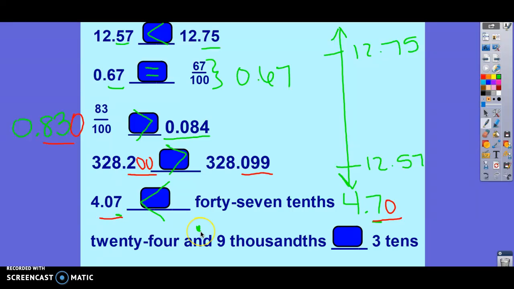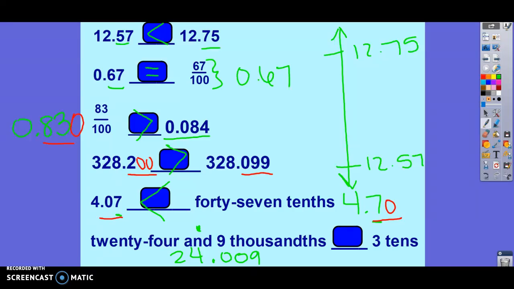24 and 9 thousandths. I put a decimal above my 'and', so I know how to write this in standard form. So 24 and 9 thousandths. Nothing in the tenths place, nothing in the hundredths place. We put a 9 in the thousandths place. Compared to 3 tens. What is 3 tens?